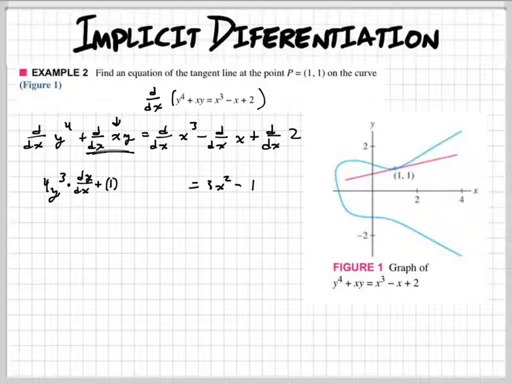And then we multiply that times y. And we're going to add, now we take the derivative of the second one. This time the derivative of y would be 1, and what do we have to multiply it by? dy over dx. And then we multiply it by the x.